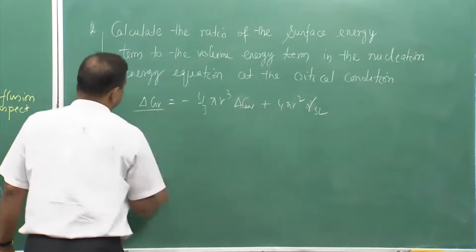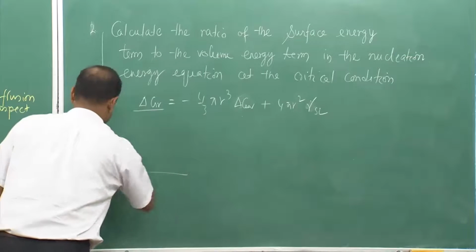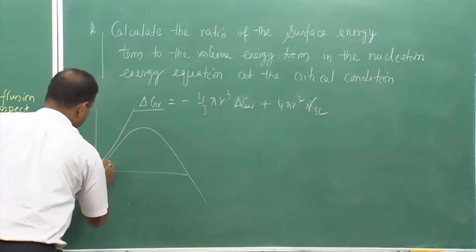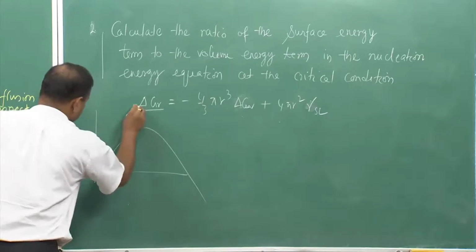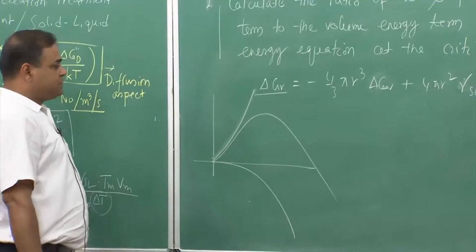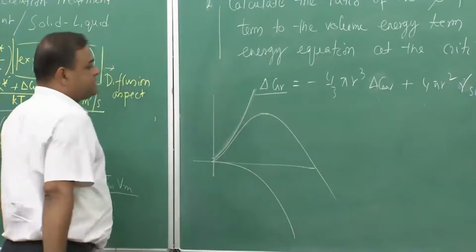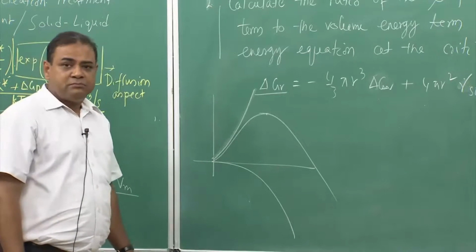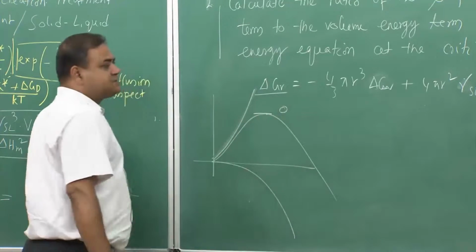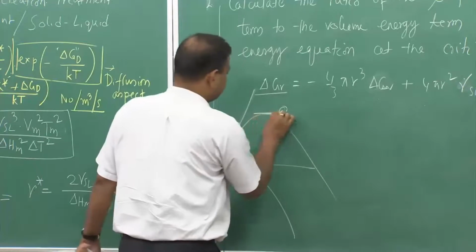We have seen the expression of the variation of delta G R, where this is my surface energy term, this is the volume energy term, and this is my delta G R. At the critical point, delta G R becomes maximum and the slope becomes 0. That means unstable equilibrium, and at that time I find out what the condition is.